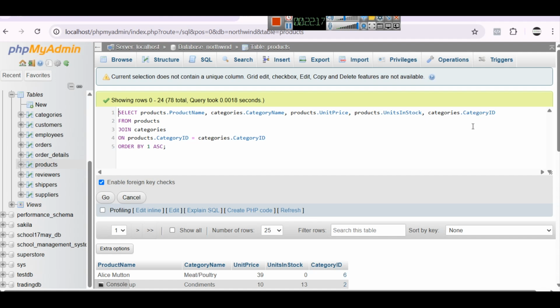You can just write that particular number, and this is a shorter way of doing it. Let's say you want to order by category ID, what will you do? 1, 2, 3, 4, 5, right? This is fifth in sequence.